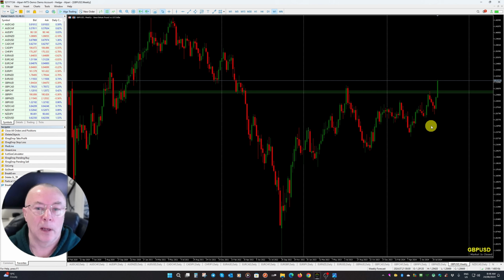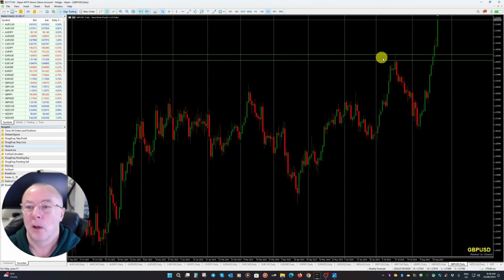The pound dollar, we are just around a zone that has been tested multiple times on a weekly chart, an area that's bounced in the past for support and resistance. But if we zoom in a little more to the daily chart, we can see here we did have this marked last week as a resistance level, but it has actually shot straight through that level.